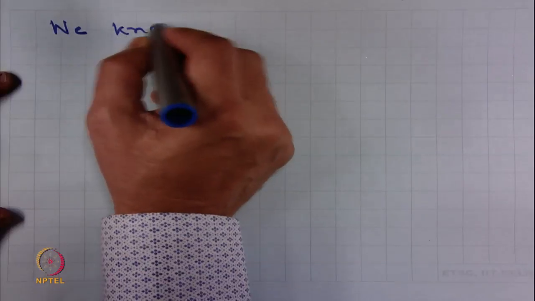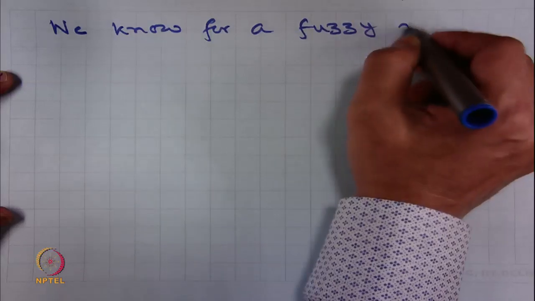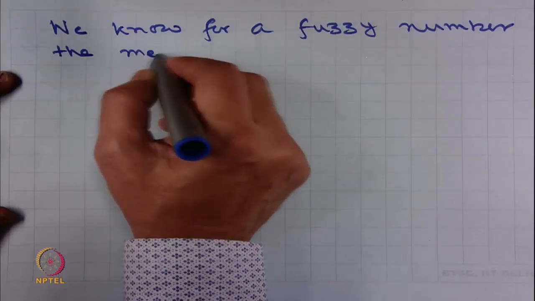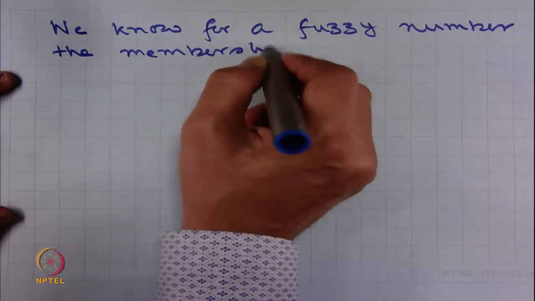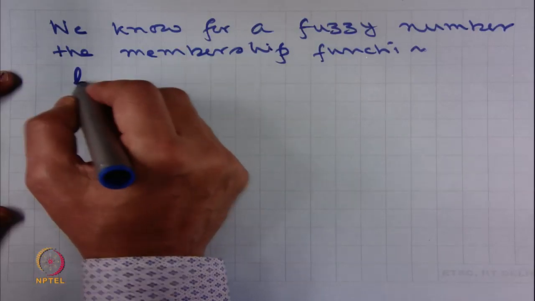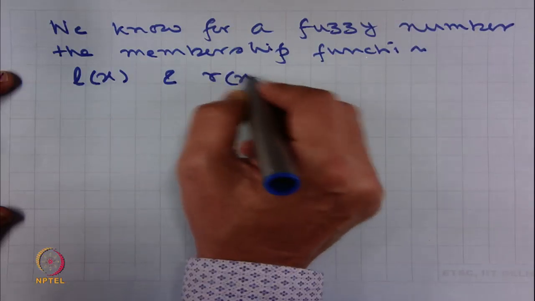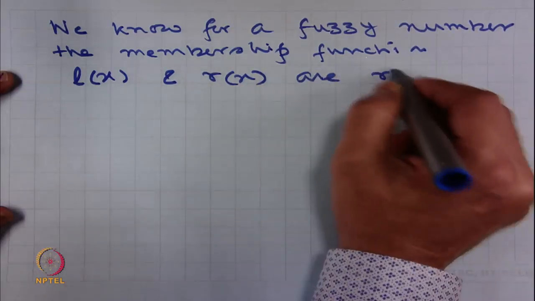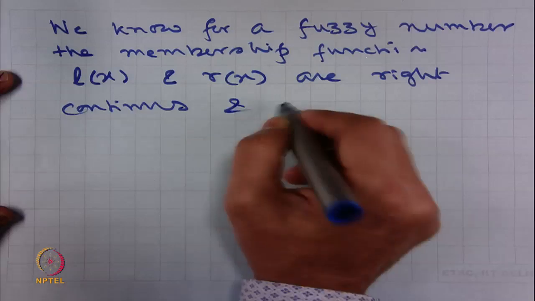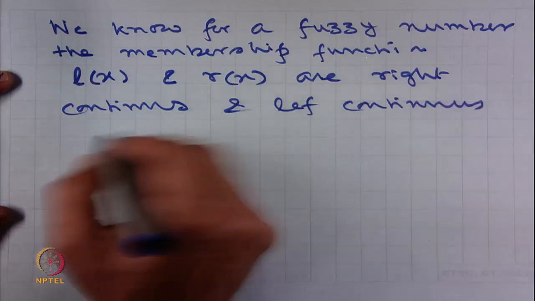Now, we know that for a fuzzy number, the membership function Lx and Rx are right continuous and left continuous respectively.